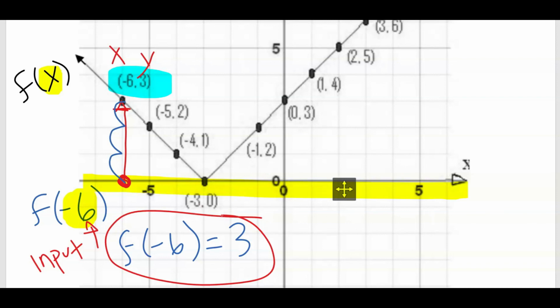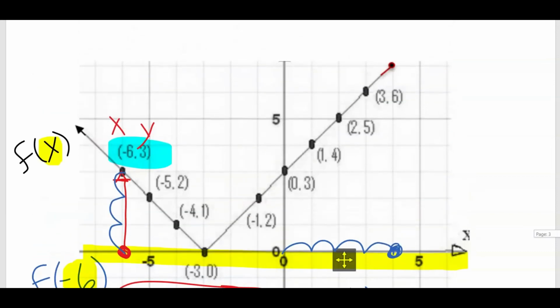So I know that f of negative 6 equals 3, and I could do that with any value of x. Okay, so for example, if I said find f of, let's see, what's this one over here? F of 4. Then I would just go over and figure out where x equals 4. So 1, 2, 3, 4. X equals 4 at this specific place on the graph.